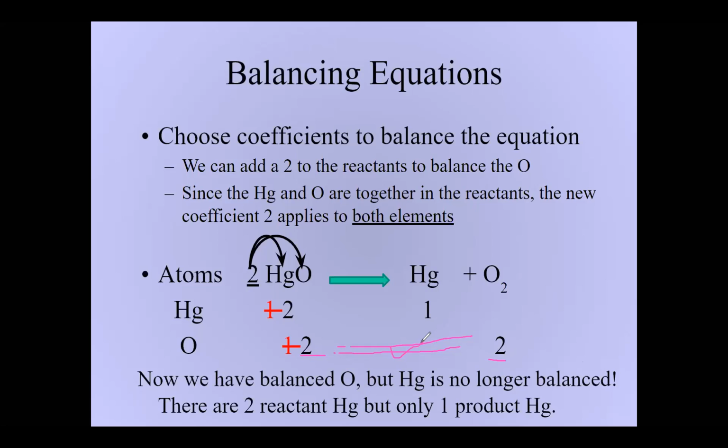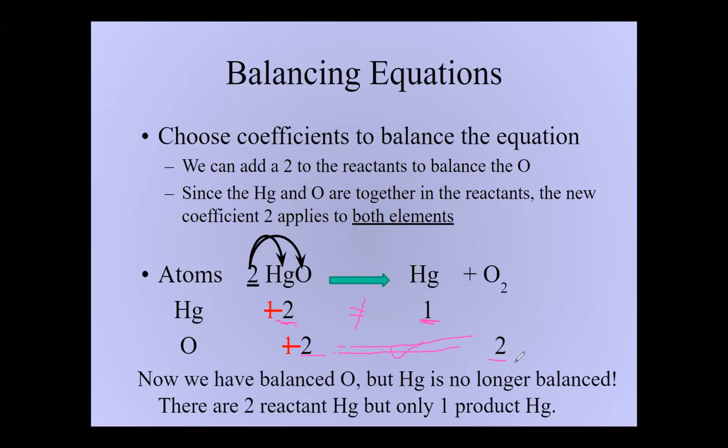But wait. When we made there be 2 oxygens, we also made there be 2 mercuries, 2 Hgs on the reactant side. But there's still only 1 Hg on the product side. So now these guys are not balanced anymore.